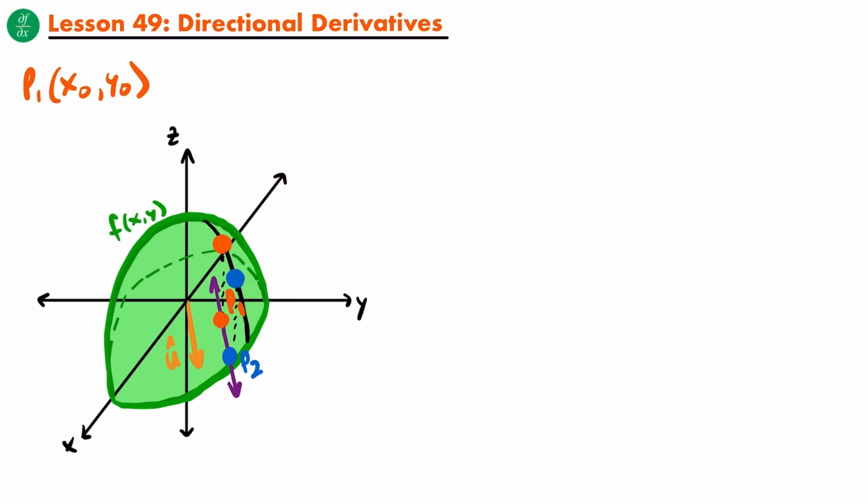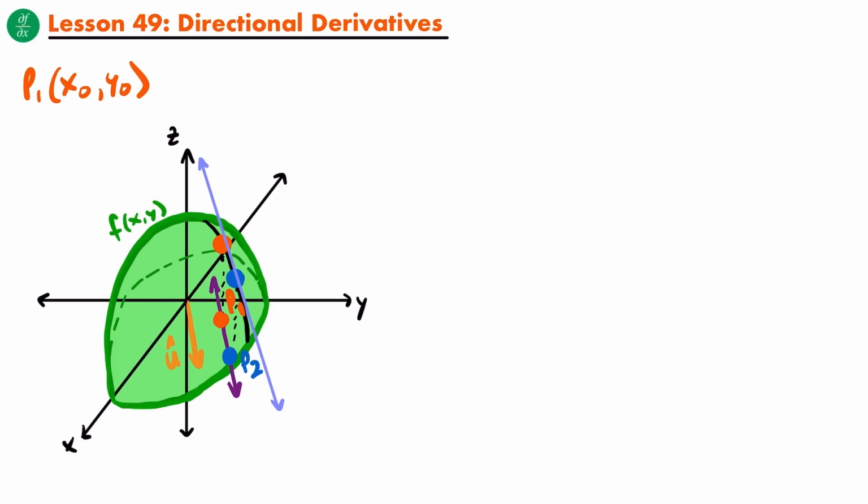All right, and so then we could draw a line through these 2 points on this curve, which would be a secant line within our plane that cuts through this line. So that secant line may look something like this. And what's important to notice about this secant line is that as point P2 gets closer to point P1, right, if you were to change the coordinates of point P2 such that it's getting closer and closer to being point P1, this secant line between those 2 points would slowly become the tangent line at our original point.